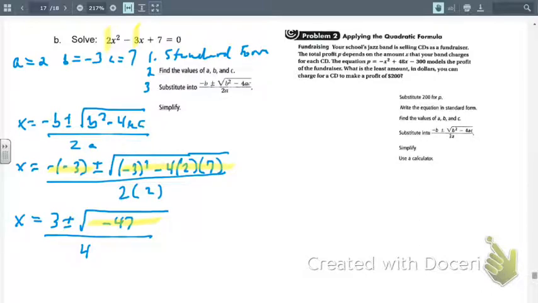alright, square root negative 47, you're going to get an error message that, on my calculator, says non-real answer. Okay, that's because for this problem we have no real solutions.